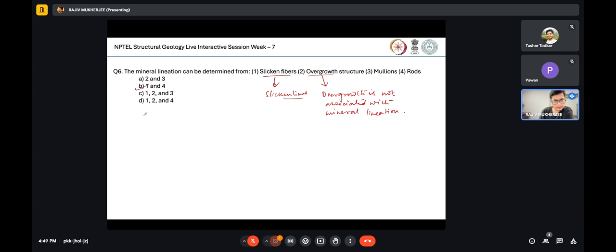So first of all, the formation of mineral lineation: how can slickenlines help? Slickenlines are grooves on the fault plane.